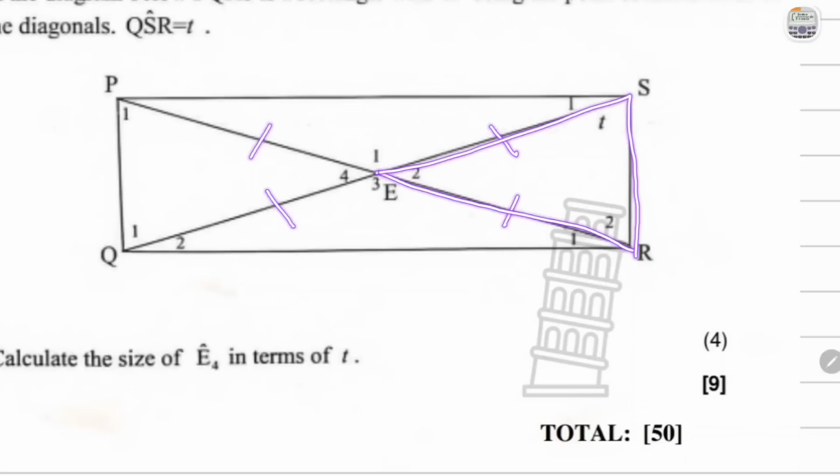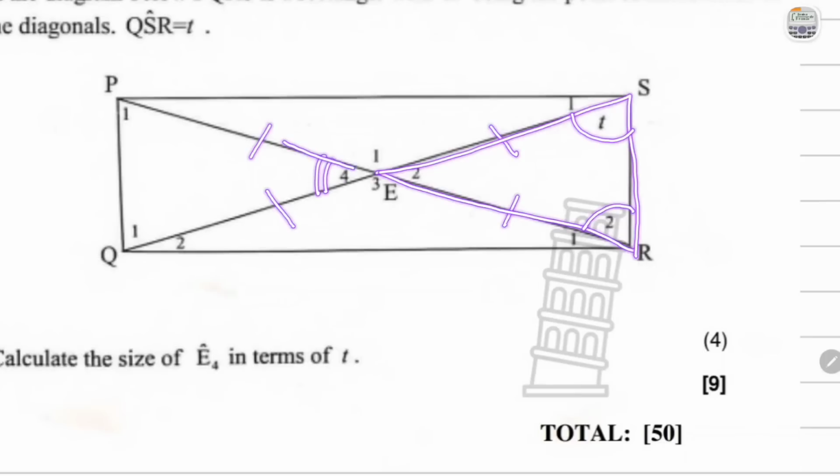So what would that mean in this isosceles triangle? It means that this angle T is equal to this angle R2. Because those two are equal, we can just call them T. So T and T. Now, how can we use that to relate it to angle E4? Here's the thing.